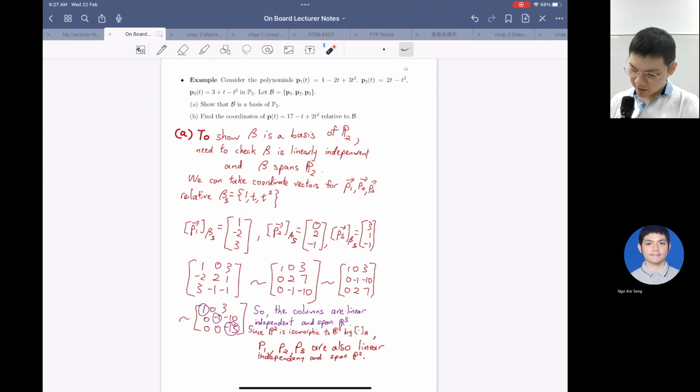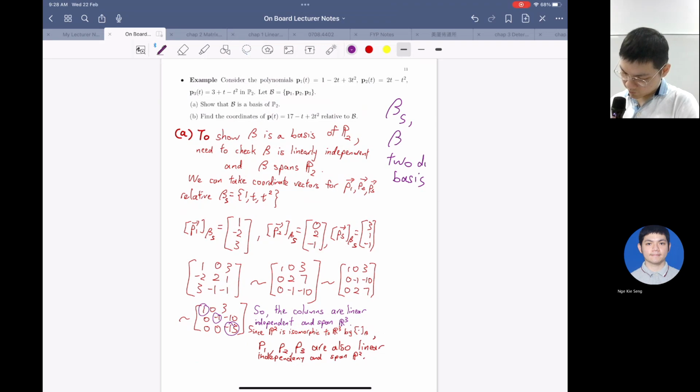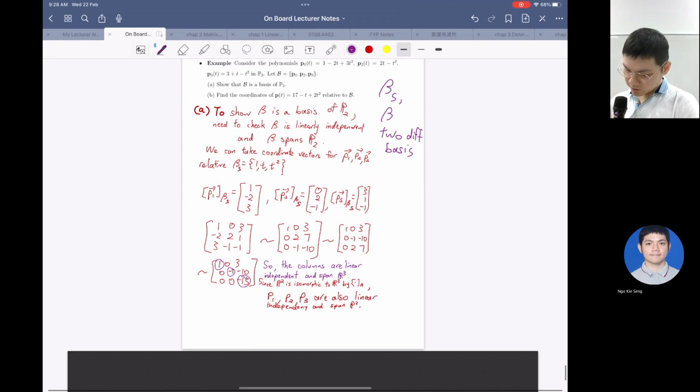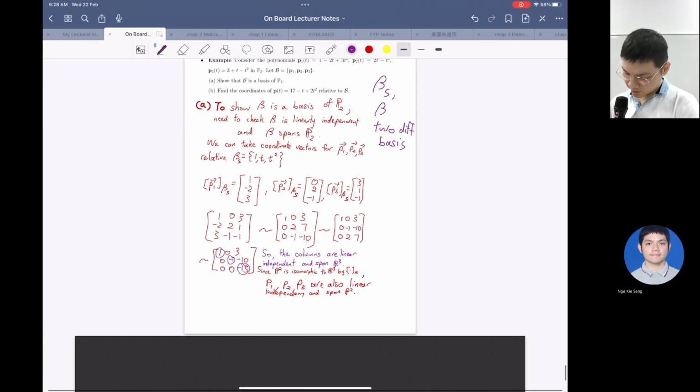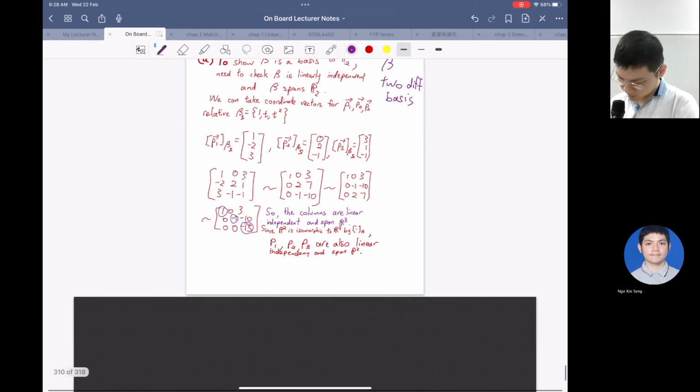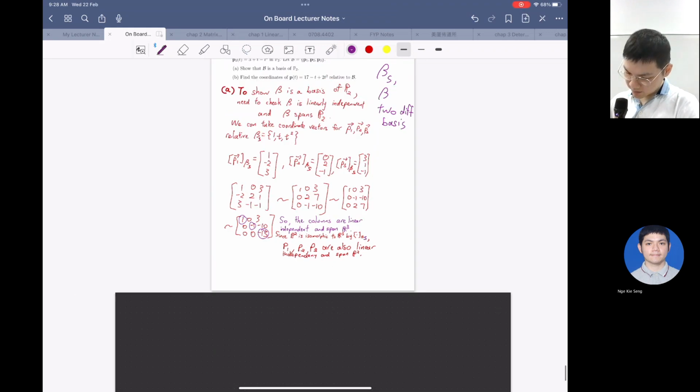So from this question, you can see that there are two bases here. Two different bases. So this one is BX.